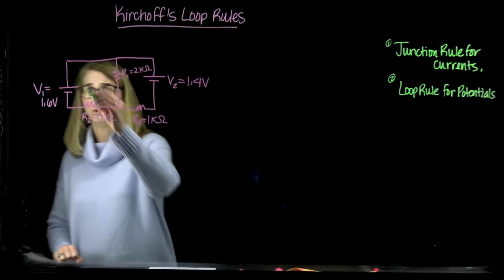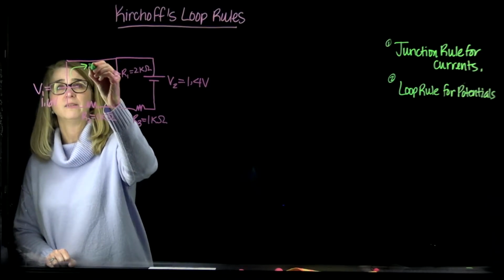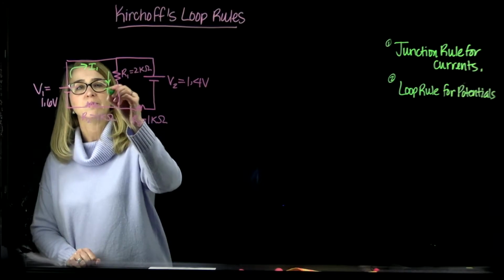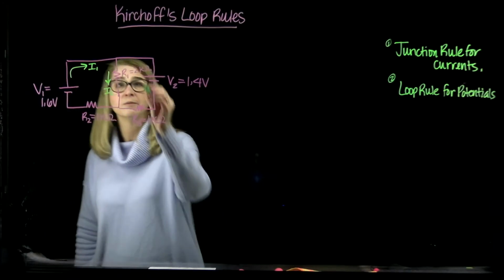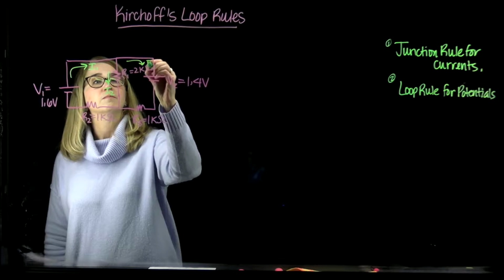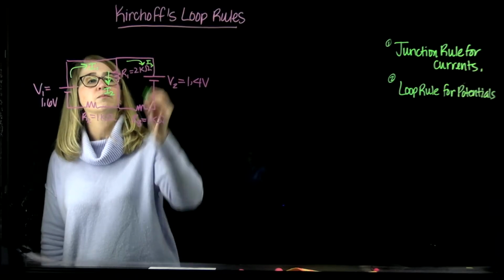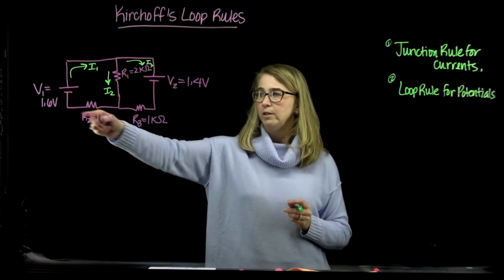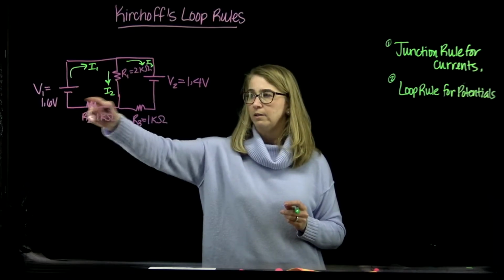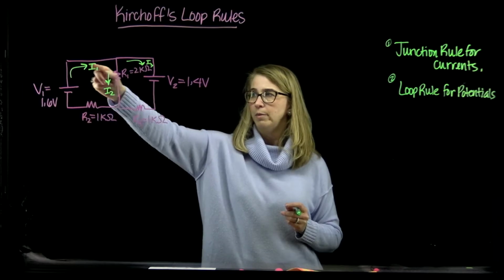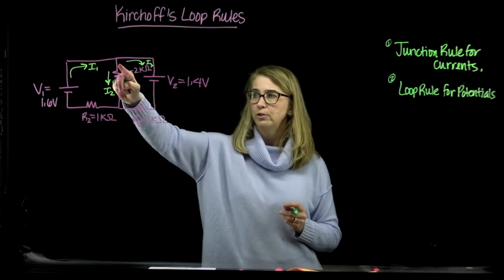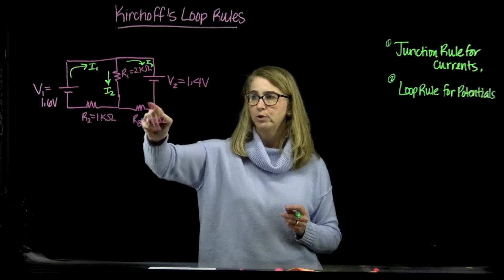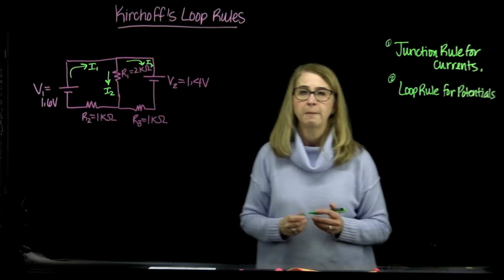So I just do it. I don't really think about it a lot, although I am going to look at my notes to make sure I have the same choices that I made earlier. Basically I said that current 1 in this loop is going to come down, go across like this, come up through the battery and go through there. Current 2 is going to go down through the middle. Current 3 is going to go around this portion of the circuit like this.